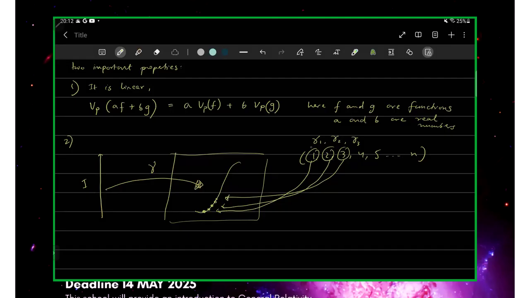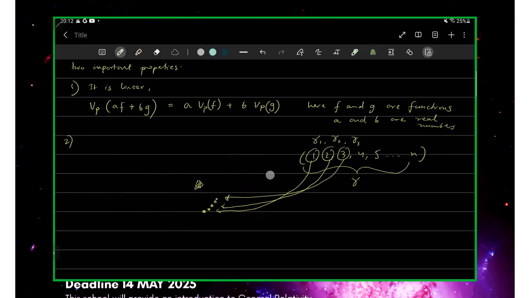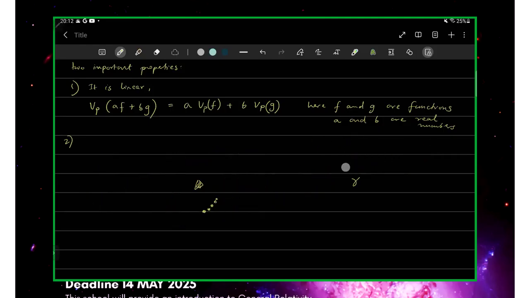So essentially what this would give is a set of gammas, right? And all of these maps would also be a set of gammas. So essentially what it would make eventually is the set of gammas on the manifold. So that is why you can call this curve gamma as well. I hope that is clear.